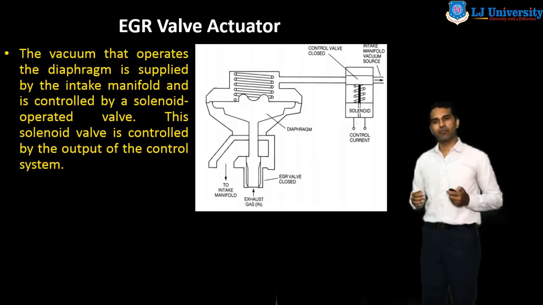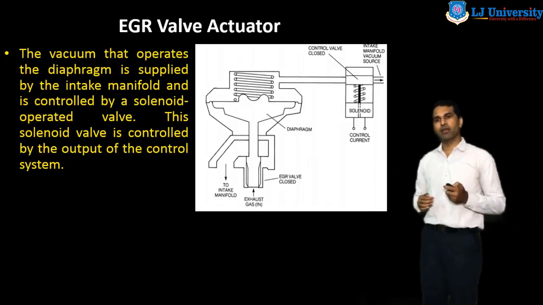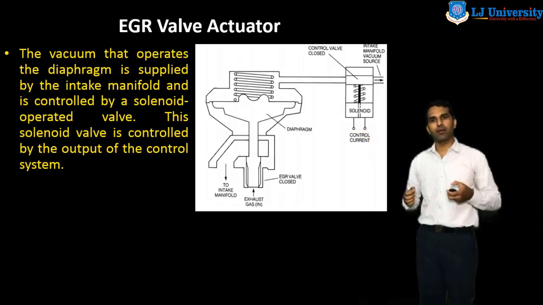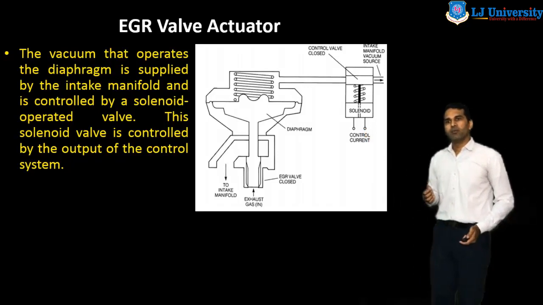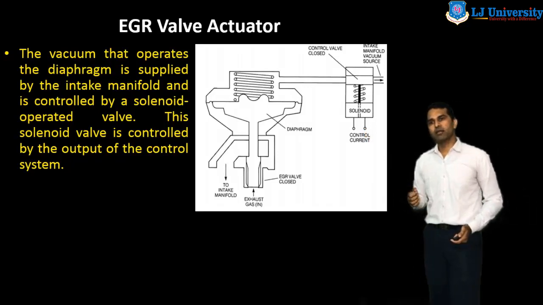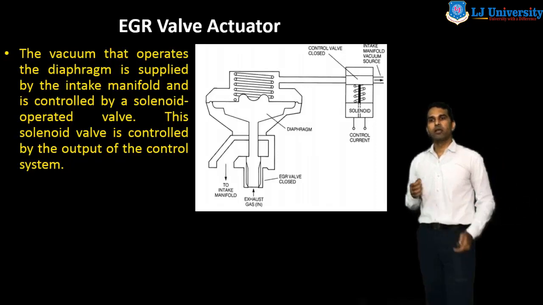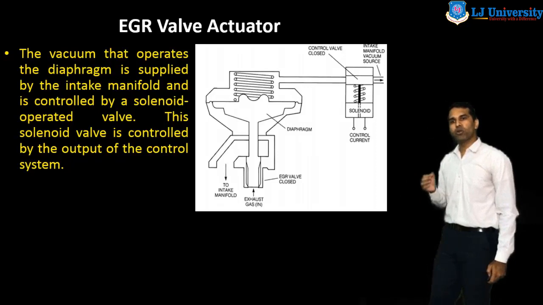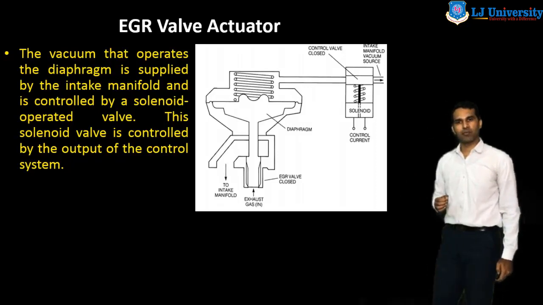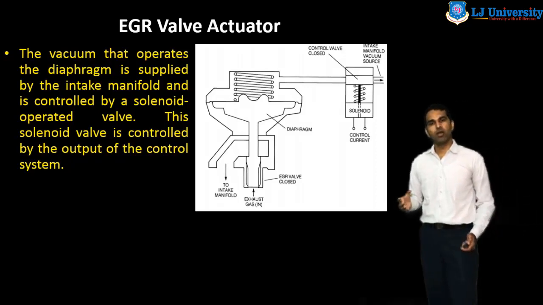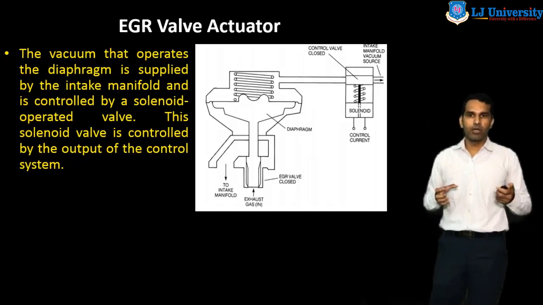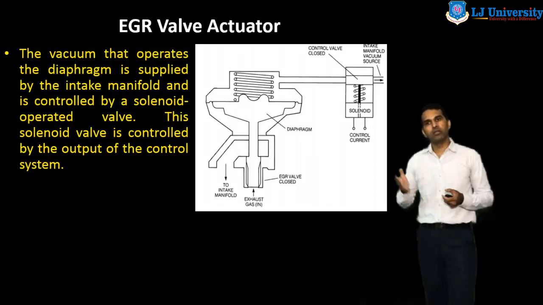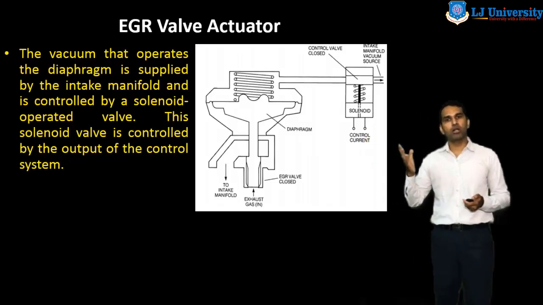Vacuum, that means air, is generally supplied to this diaphragm from the intake manifold and is controlled by a solenoid operated valve. This solenoid valve is controlled by the output of the control system, that means the ECU. The ECU sends a signal to this control valve, and according to that signal, this control valve is open or closed.